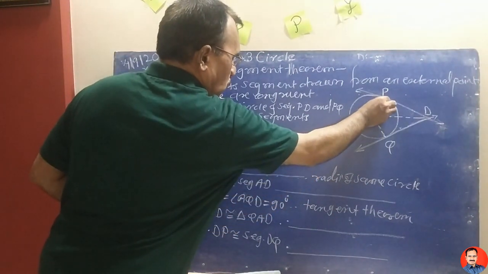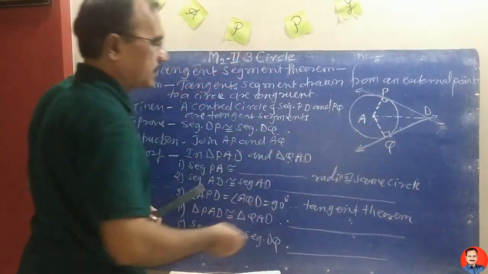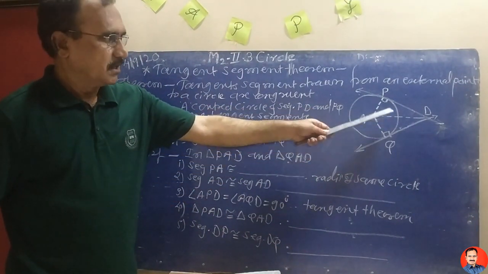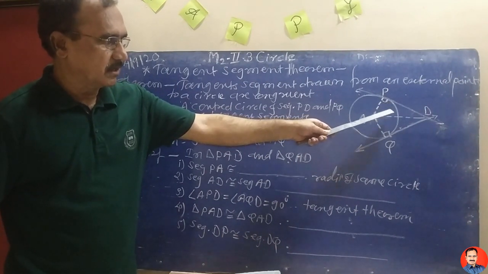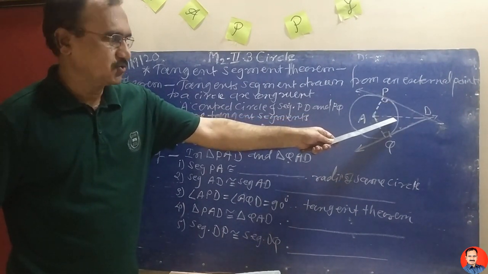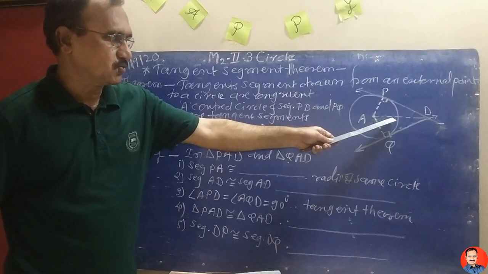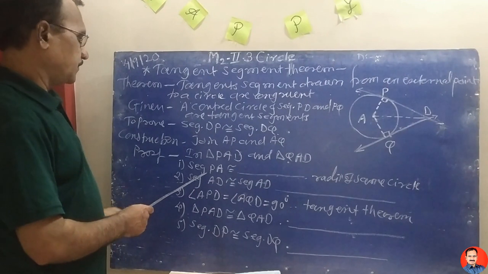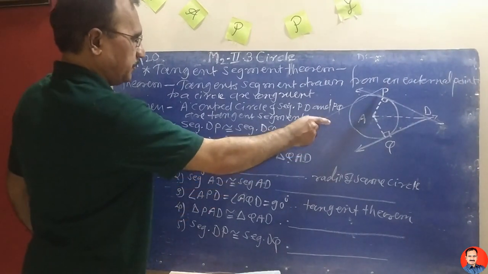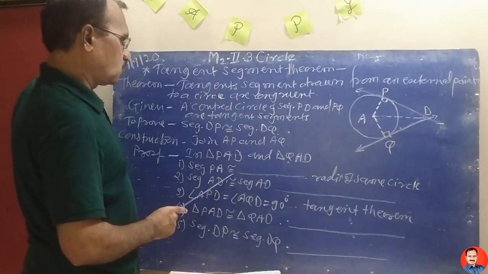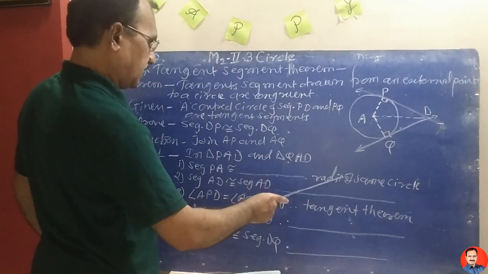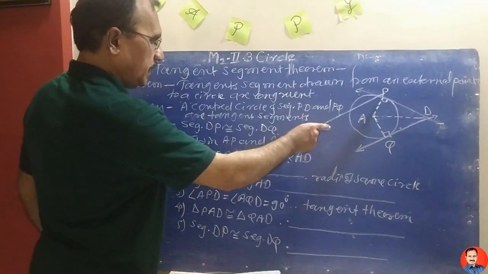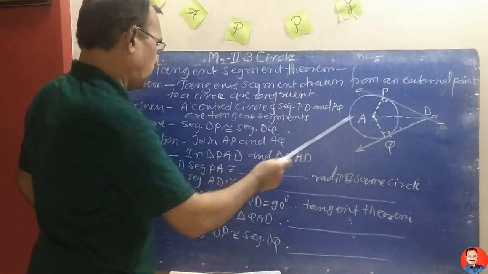That means these two angles are 90, so these two triangles are right-angled triangles. The side opposite the right angle is the hypotenuse, and this is also the same hypotenuse opposite the right angle. Then segment PA is congruent to segment QA. The reason is given: radii of the same circle.